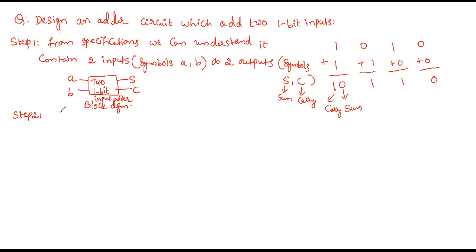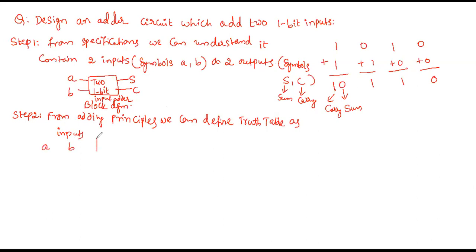Defining the truth table. From the adding principles, we can define the truth table as inputs A, B, outputs S, C. With the two inputs, we have 4 combinations: 0 0, 0 1, 1 0, 1 1.